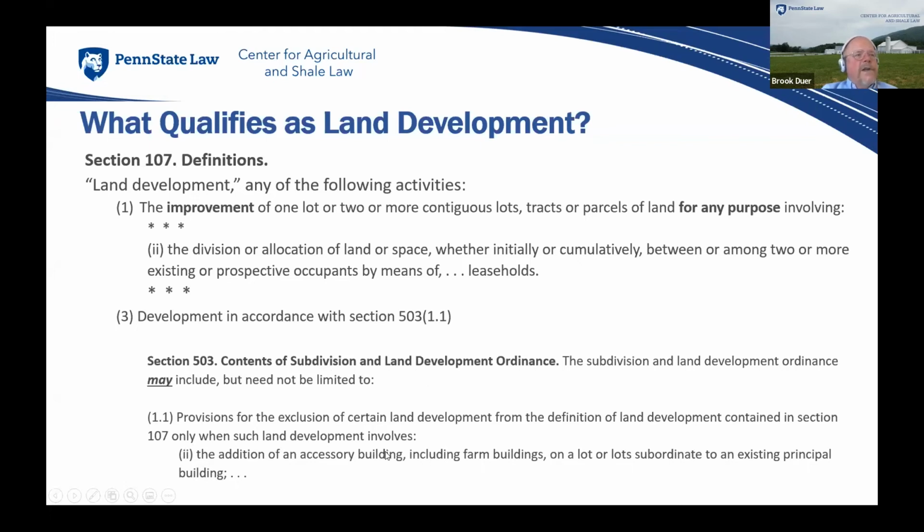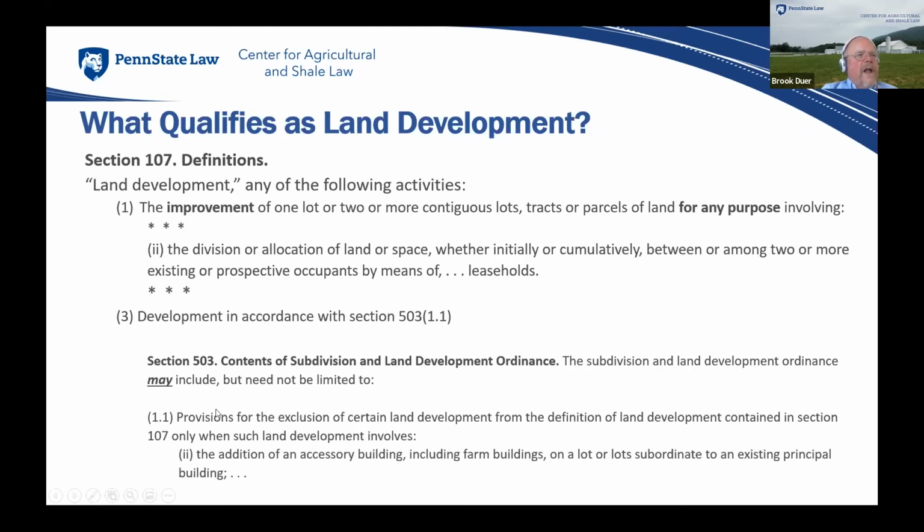Okay, well, that might get you a little bit of relief from a land development plan requirement in certain very limited instances. But other than that, you're always sort of rolling the dice. As you can see, these definitions of land development don't require a building to be built. They can simply be an allocation of land or space.